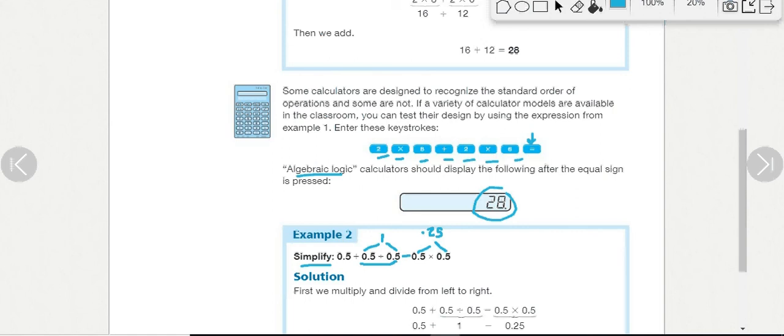Then we had this subtract sign, so don't forget that. And this is still here with the plus sign. So now it's just adding and subtracting. Now we go left to right. 0.5 plus 1 is 1.5. Minus 0.25 is going to be 1.25, I think.